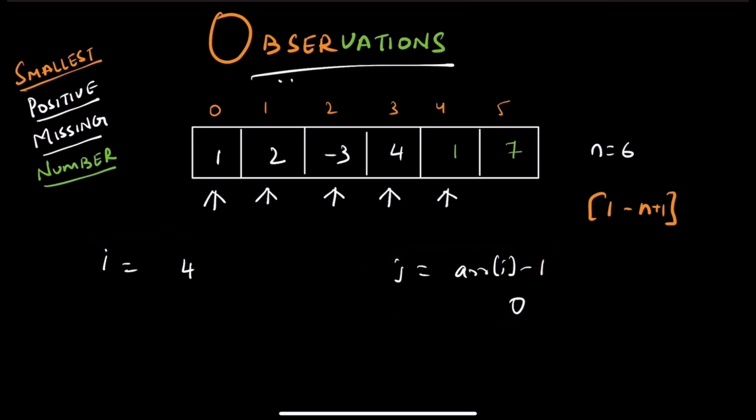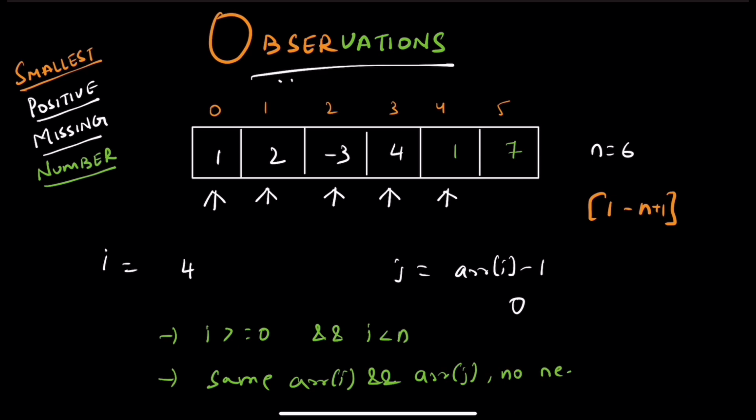We can directly move on. So the conditions that we observed till now are: i should be greater than or equal to 0 and i should be less than n. And the second condition is if we have the same element at array of i and array of j, no need to swap, right?